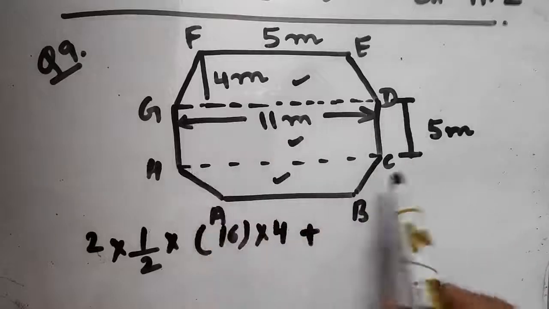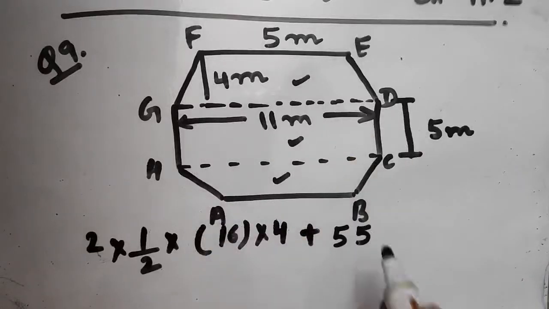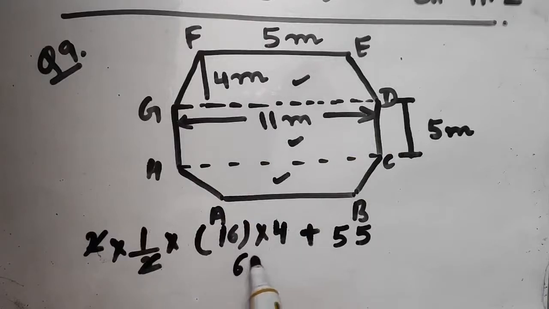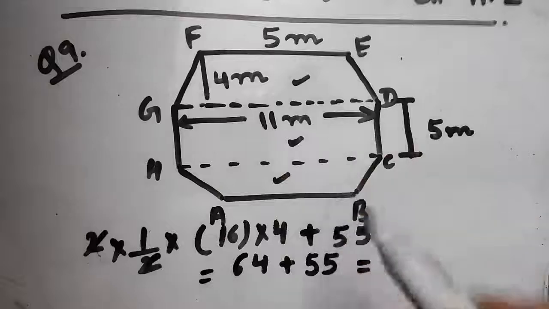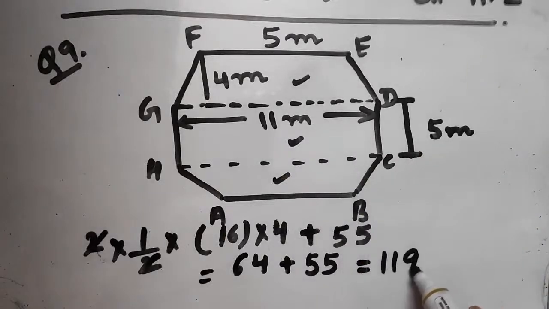This is 11 into 5, that is 55. So this 2 gets cancelled out with this 2. 16 into 4 is 64 plus 55. So the area of this complete surface will be equal to 119 meters square.